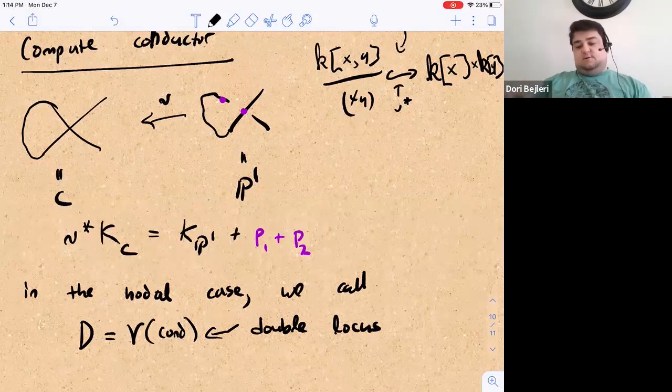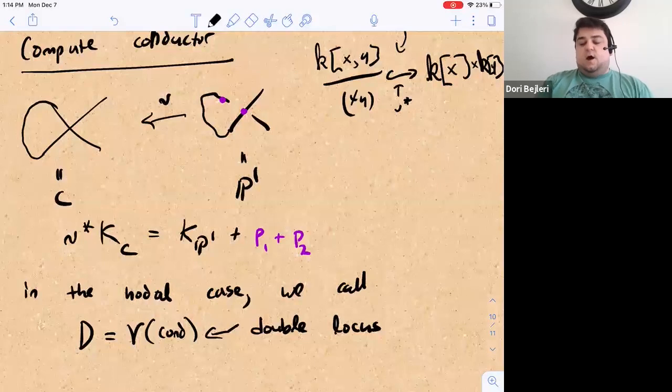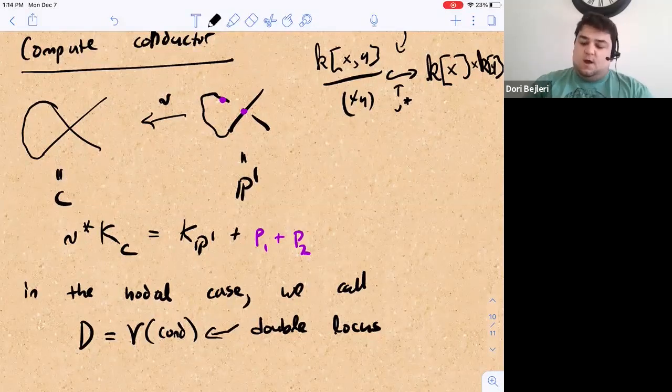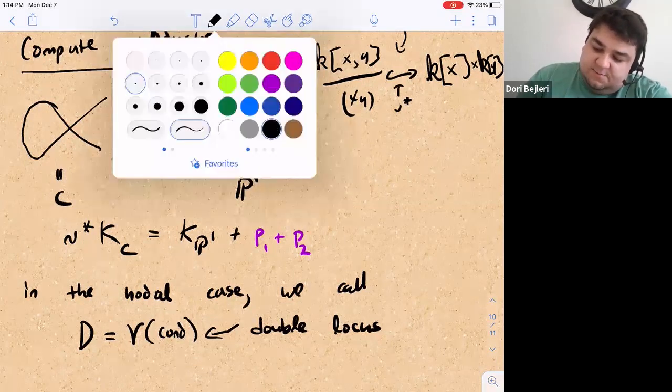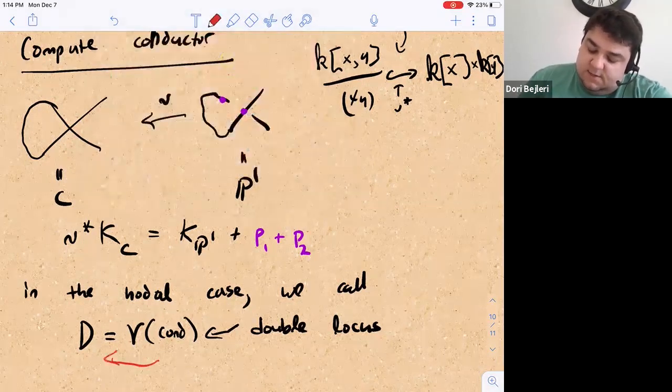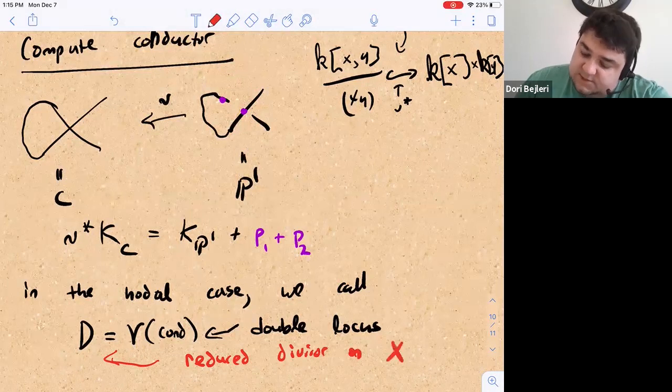Generically, it's 2 to 1 on the singular locus because we're assuming nodal in codimension 1. And the upshot is that this computation tells us that this double locus is a reduced divisor on the normalization.